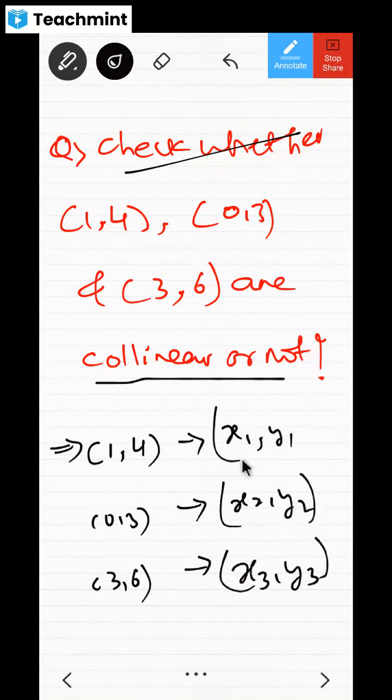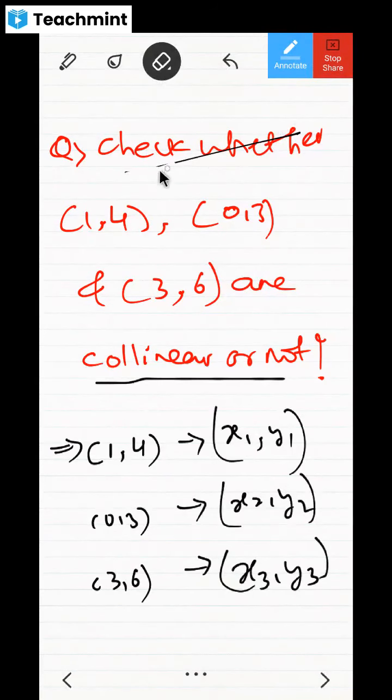If that area comes 0, the triangle is not there, which means the points are collinear. If that area is not 0, if it is like 20 square units or 30 square units, then a triangle is there. That's why these points are non-collinear. Understood? Clear?